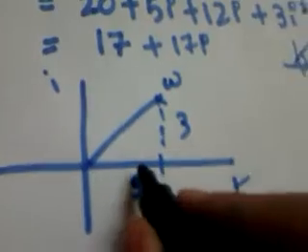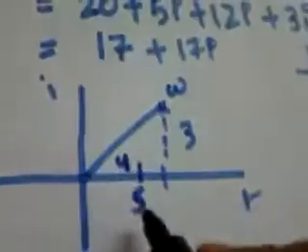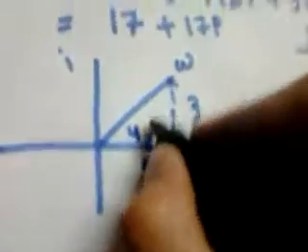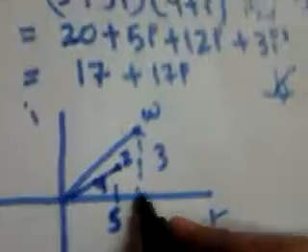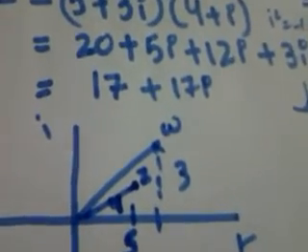Okay, let's plot z. z is 4 plus i, so 4 units along, and 1 unit up here, so this is z.